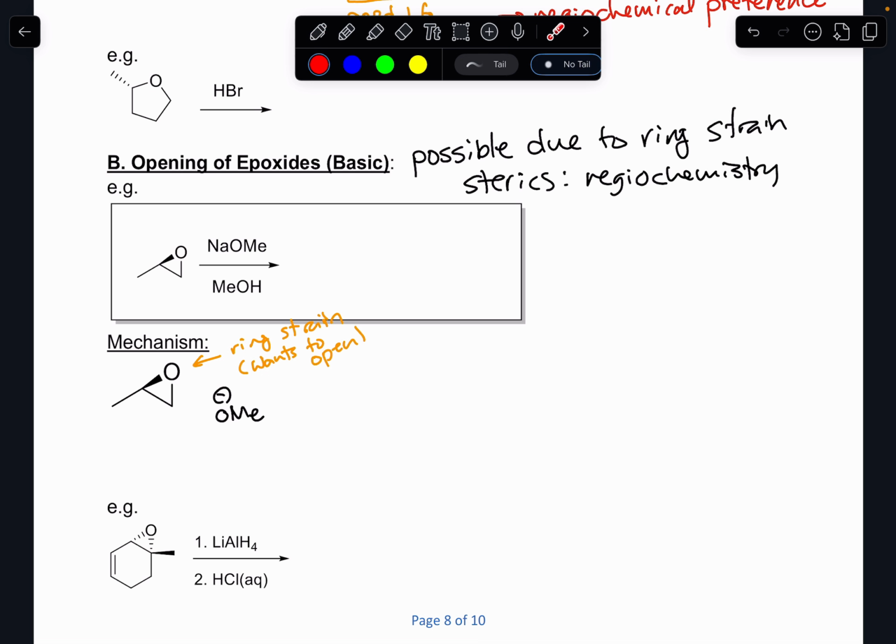Remember, nucleophiles prefer to attack the less sterically hindered site, which would be this over that, so it attacks that carbon, this oxygen leaves, and this is an SN2 reaction. So that would be the product. Now, when you draw a product structure, you should always make it neutral.